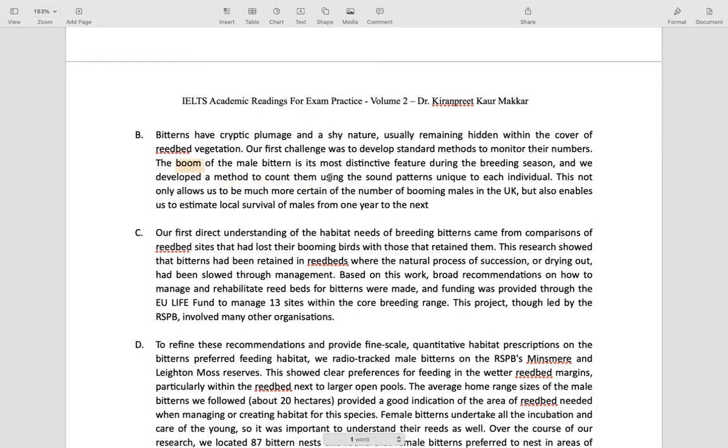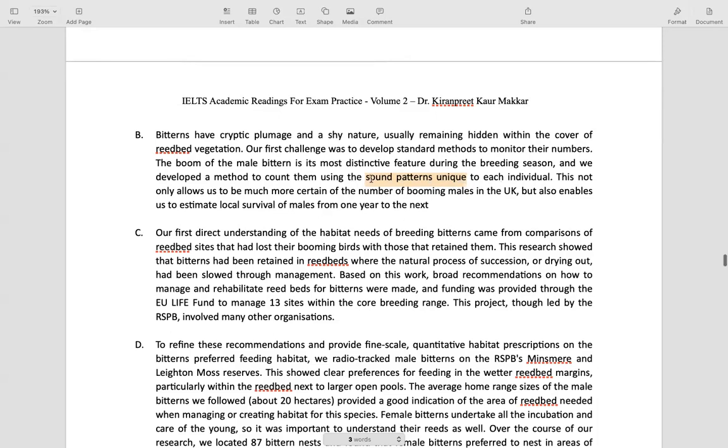What do they say here? Boom is the most distinctive feature, and sound patterns, next word is unique. So basically they are saying boom is the sound. The sound of the bird is the boom, and they're counting the birds using the boom, because the boom of each bird is unique. So for example, if I am one bittern, my sound will be different from the second bittern and the third bittern. So it's all unique. That's what they're saying. These patterns are unique to each individual.